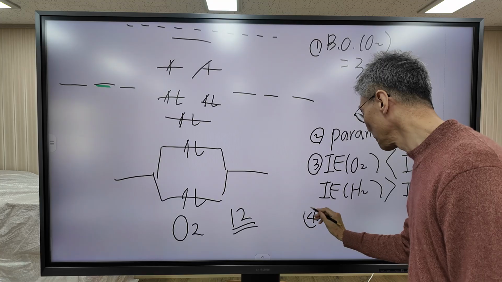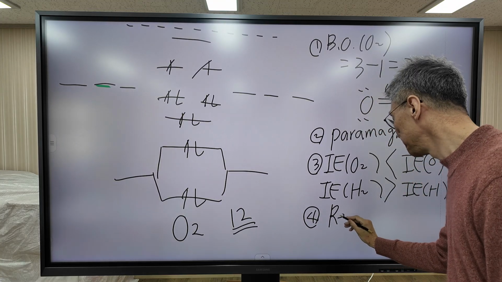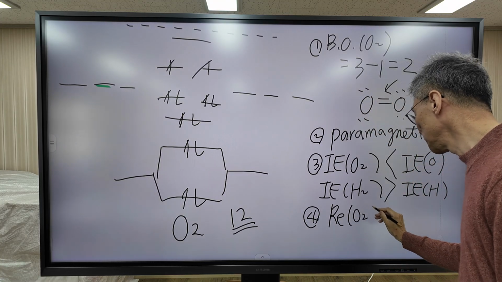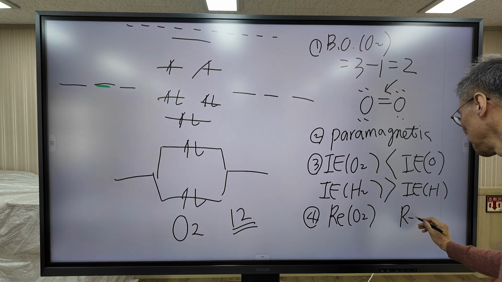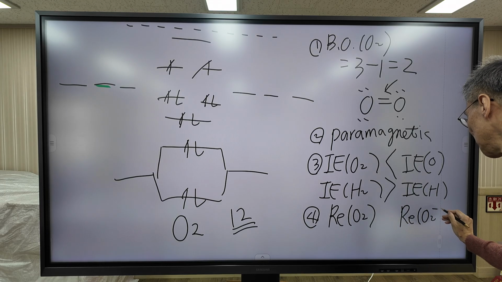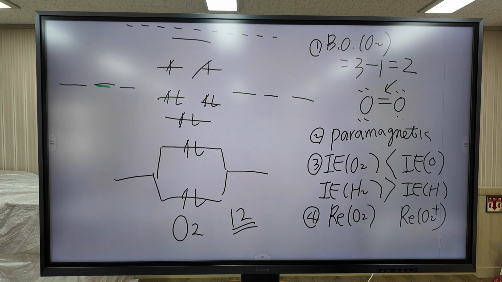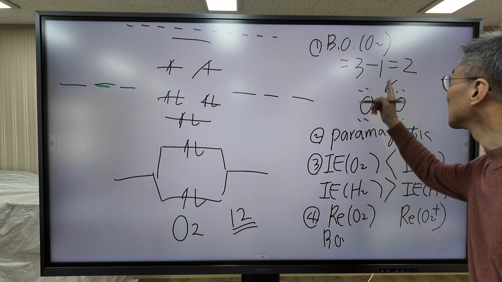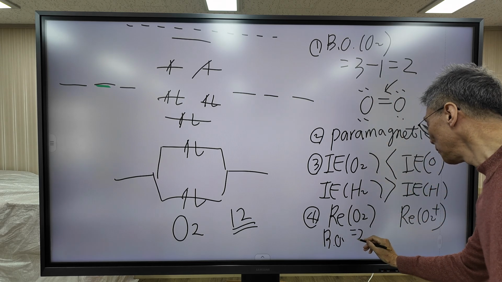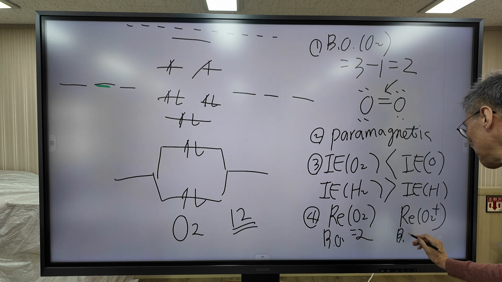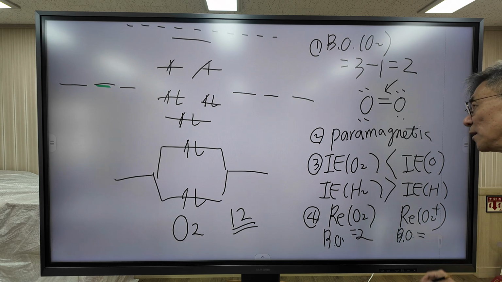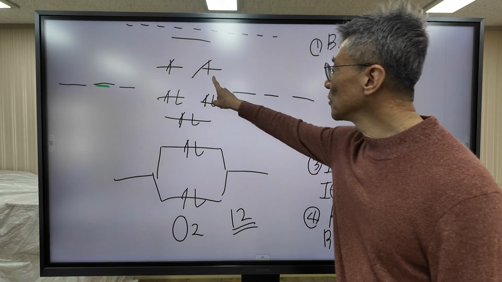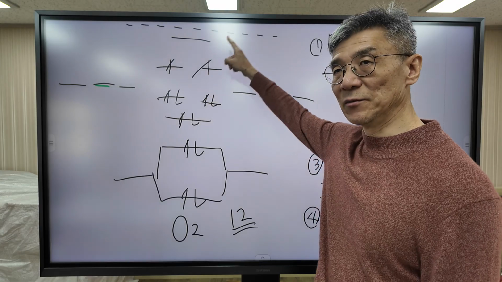Finally, I'm going to compare the bond length of O2 with the bond length of O2 plus. Which one is shorter? The bond order of O2 is 2. What is the bond order of O2 plus? In this case, the electron in the anti-bonding orbital is removed.